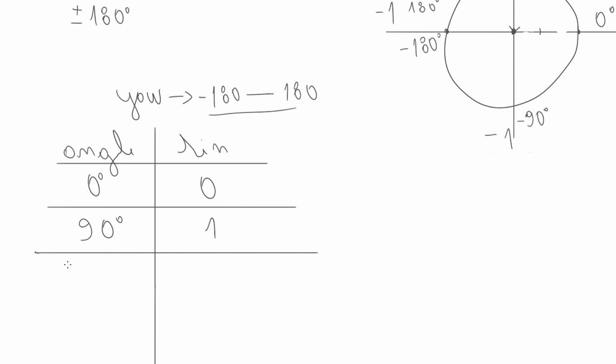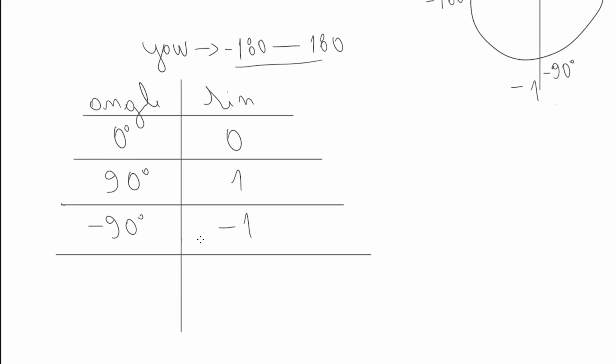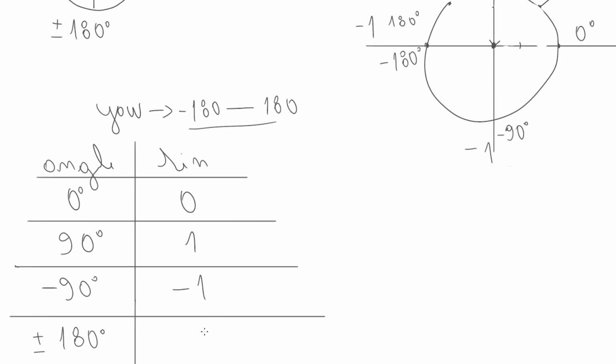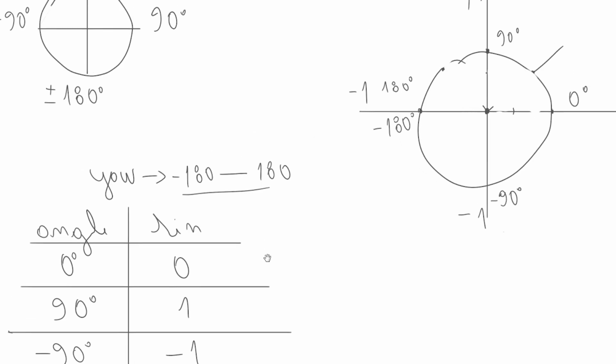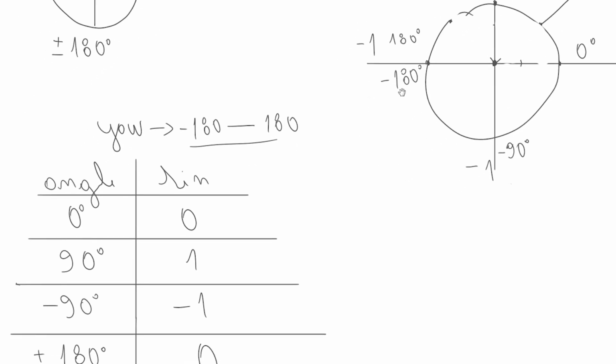Okay. In minus 90, we have minus 1. And finally, in 180 degrees, we have 0 again, as you can see here.